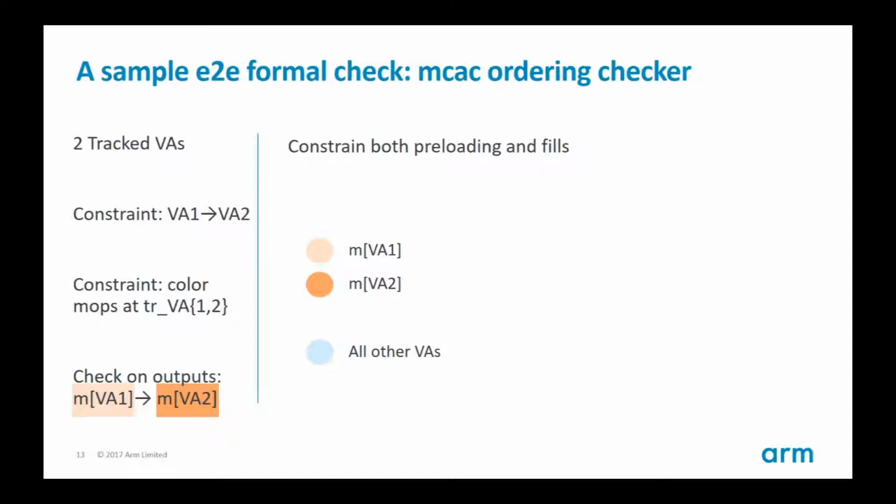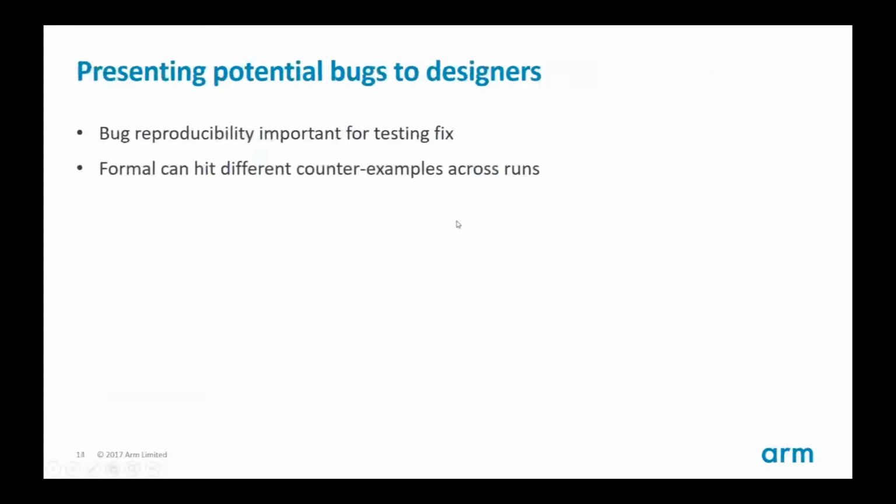So this becomes a powerful end-to-end check, an ordering checker. And then we had, as I said, several of these ordering checkers, and to manage conflicting constraints across these ordering checkers, we used oracles, which are again pseudo constants, which can be used to manage these conflicting constraints.